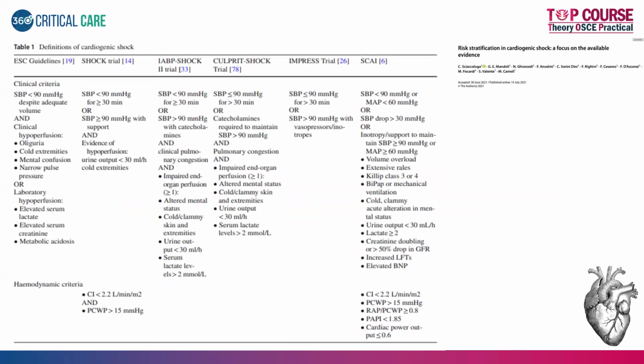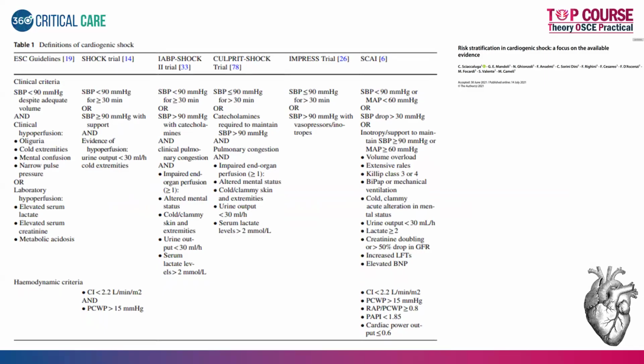What is the major problem with the definition is the ESC guidelines were given way back, around 10 to 12 years ago, and they were kind of subjective and did not have objective parameters, if you can see on the left-hand side of the slide. Except systolic blood pressure, the rest of the parameters were clinical and laboratory parameters with some amount of hemodynamic criteria involved.